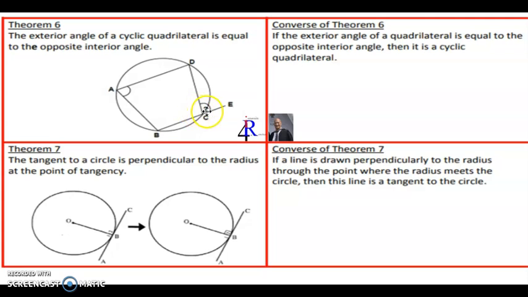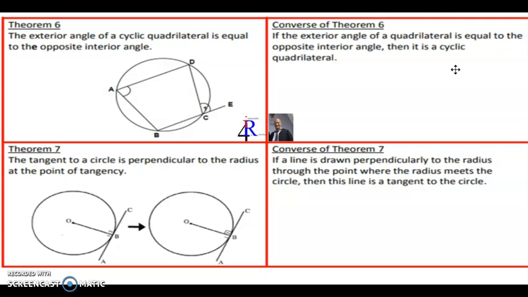This one is common in both, therefore this one must be equal to that. The converse of this: if the exterior angle of the quadrilateral is equal to the opposite interior angle, then the quadrilateral is a cyclic quadrilateral.